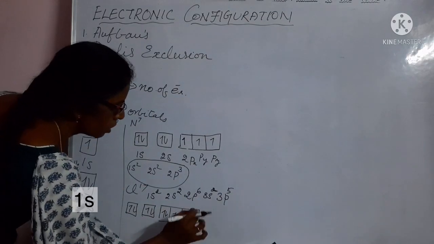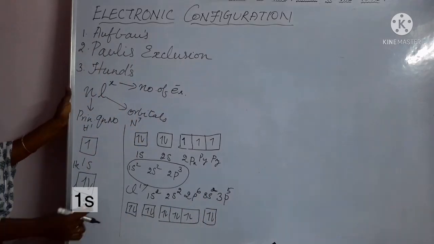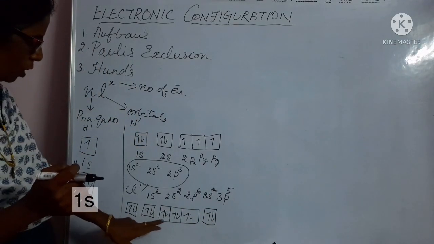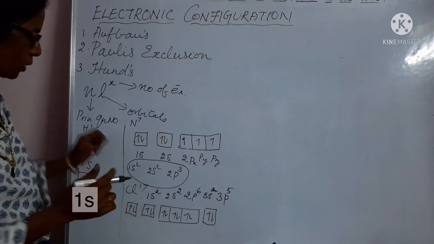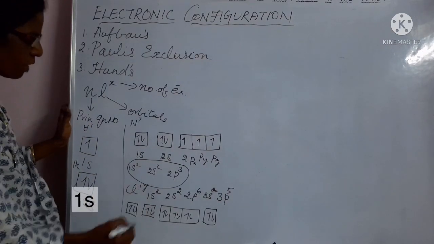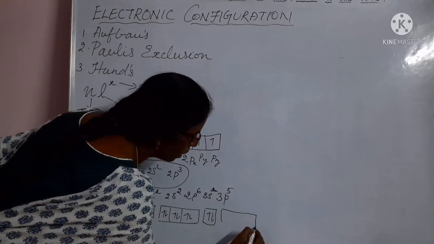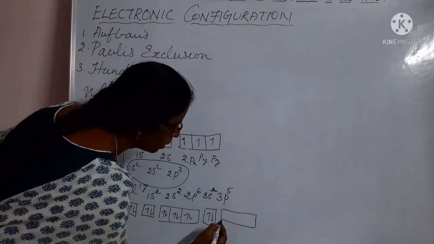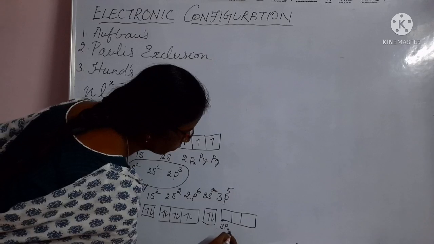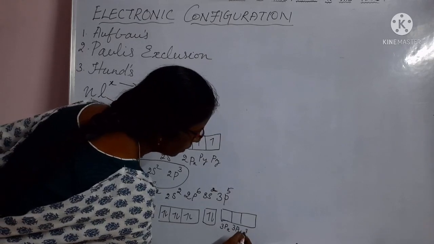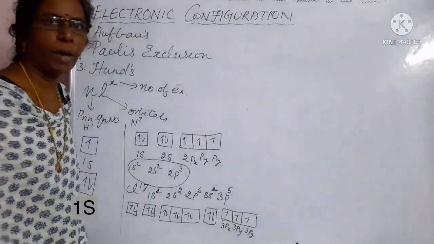Next you go to the 3s orbital, with 2 electrons. So how many electrons have you filled? 2, 4, 6, 8, 10, 12, over. Now you have 5 more electrons, because the atomic number of chlorine is 17. Now we go to the 3p orbital, that is 3px, 3py, 3pz. First you have to give one electron to each, and only then must you start pairing.